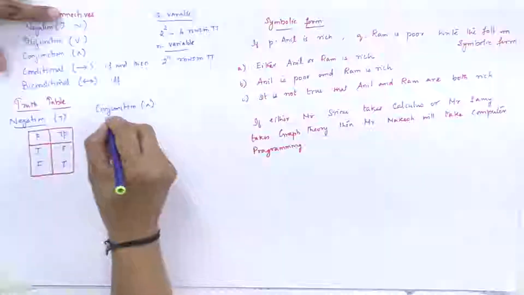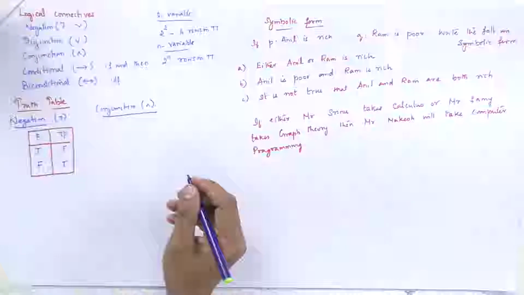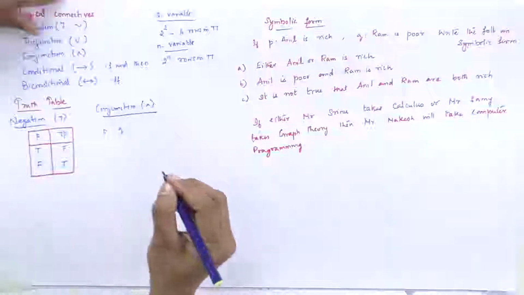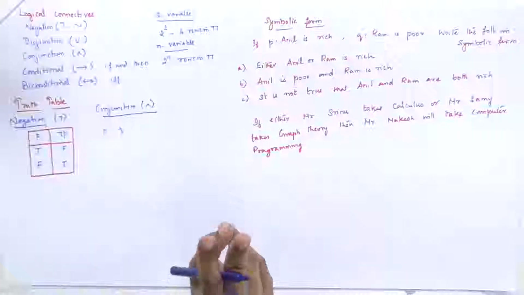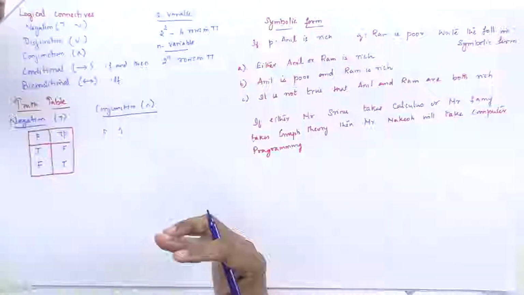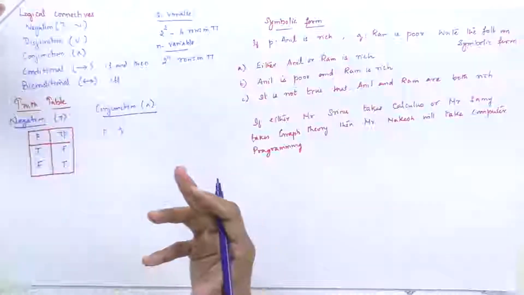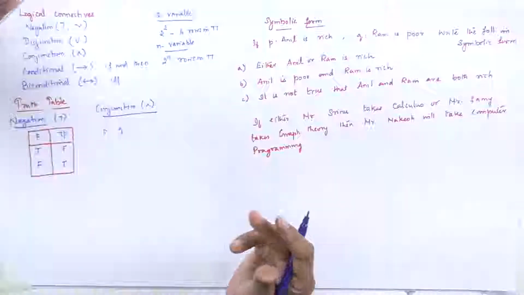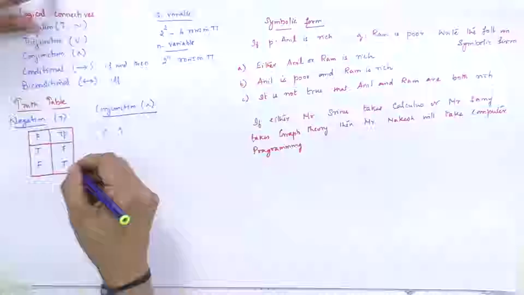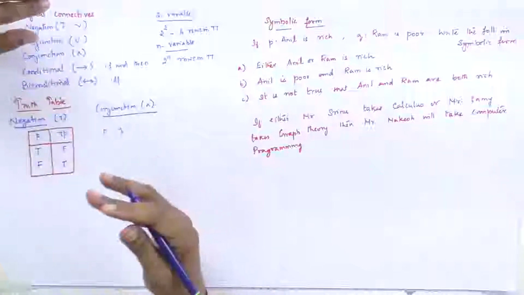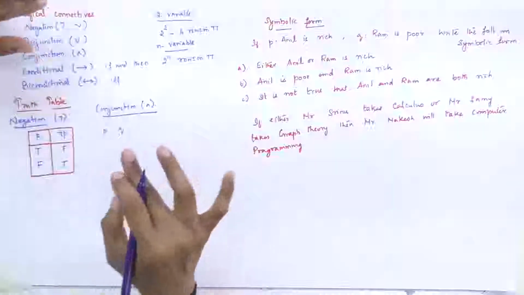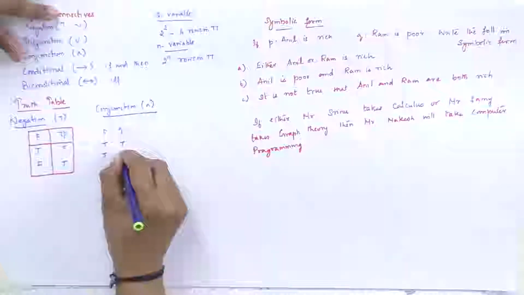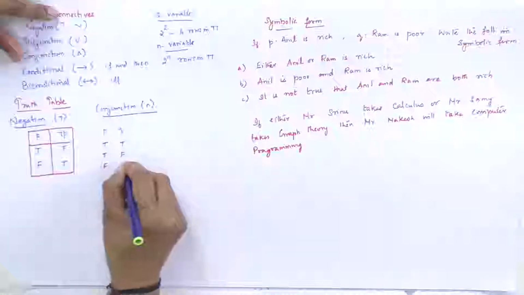Suppose I have 2 variables, say p and q. How many rows do we have in this truth table? It is 2 power 2, which is 4 rows. What are the various possible assignments of truth values these variables will take? We'll have TT, TF, FT, and FF.